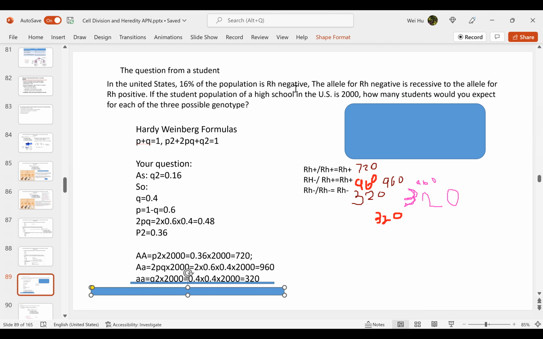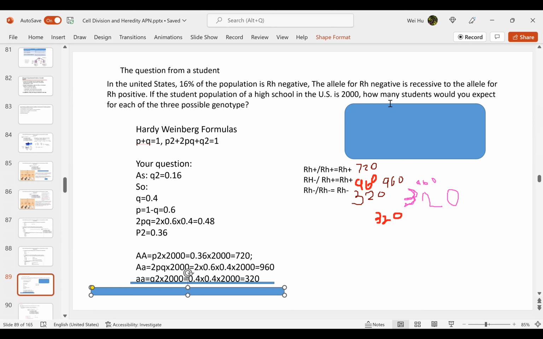If it's Q, they never show any expression. So there must be Q squared. So that's the first step, the concept. Then if you get this right, you get Q equal to 0.4. Then P must be 0.6. That's it. So simple, right?